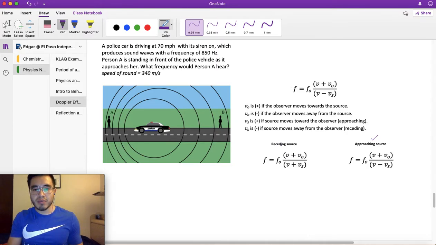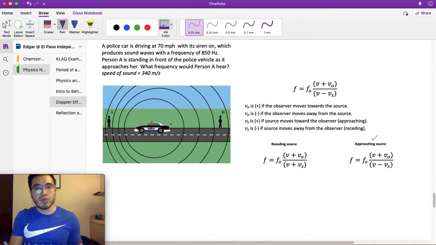As you can see, one for receding source, that is when the source of sound is moving away from us, and approaching source, that is when the source of sound is moving towards us. And for our problem, I already have a check mark because it's an approaching source. The police vehicle is approaching person A.